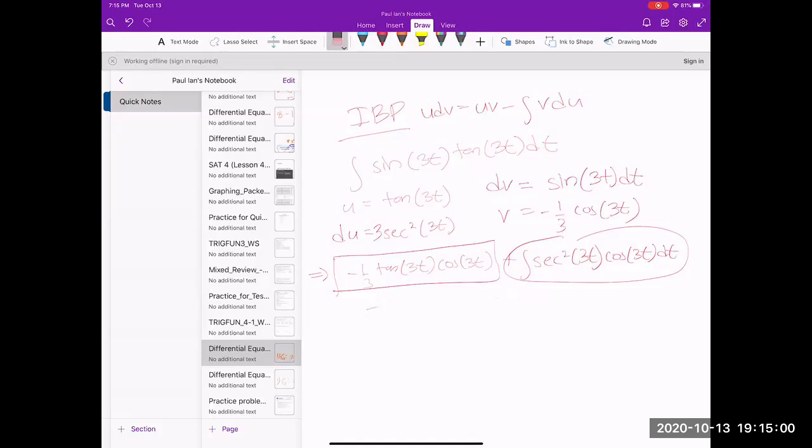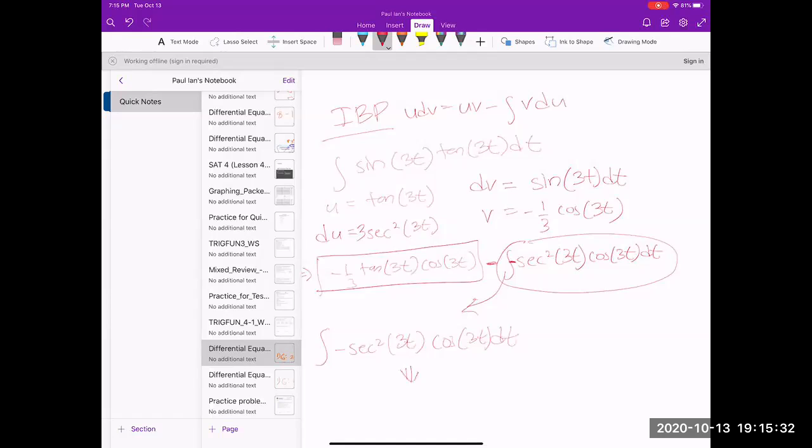It's an identity, one of those things, like double angle, that you'll never remember. Make sure you still have the negative right here. So it's going to be this guy minus the integral of secant squared 3t cosine 3t dt.